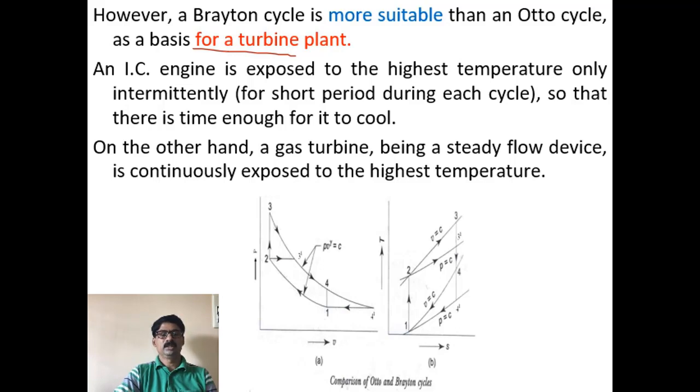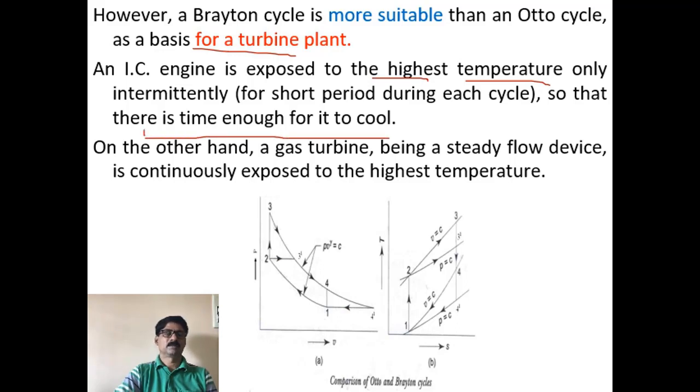So only during combustion, not even the power stroke, the combustion products reach a very high temperature. So only for an intermittent time are the IC engine materials exposed to the high temperature, and the rest of the time there is no exposure to the high temperature, so that there is enough time for the cooling process.